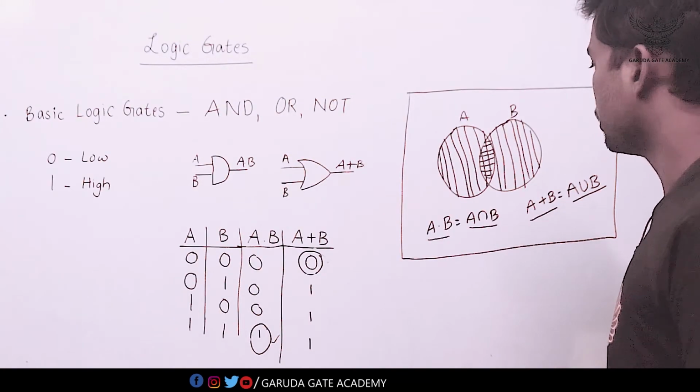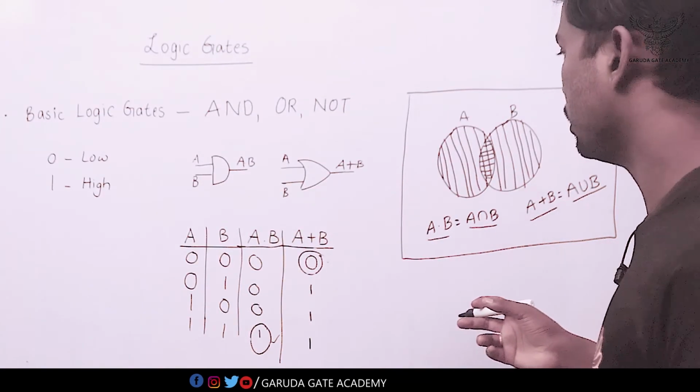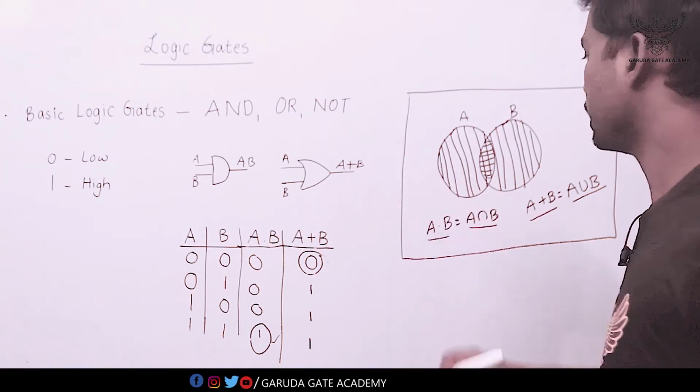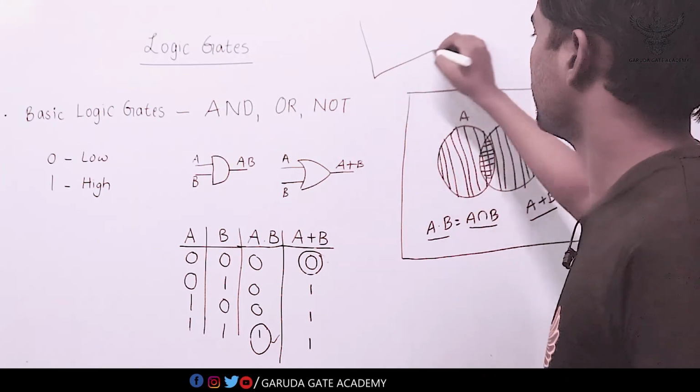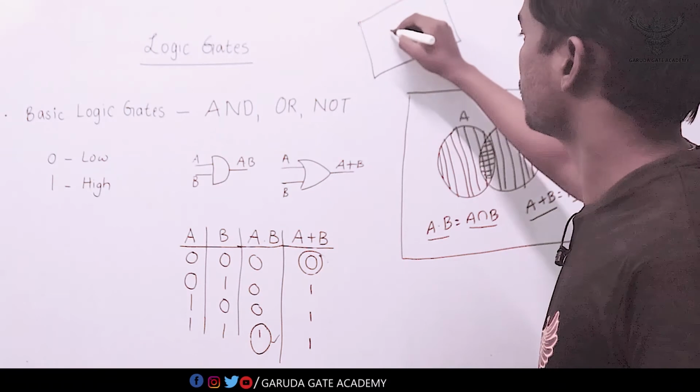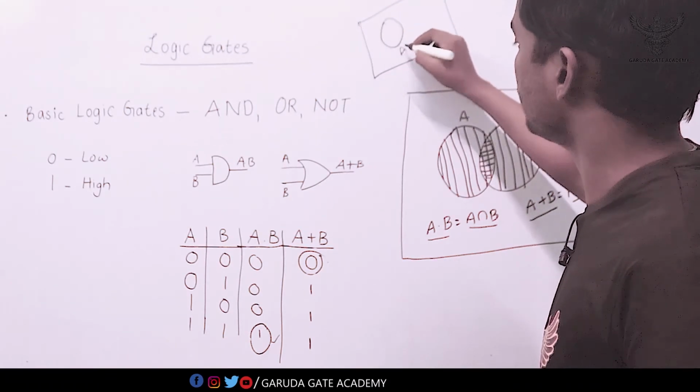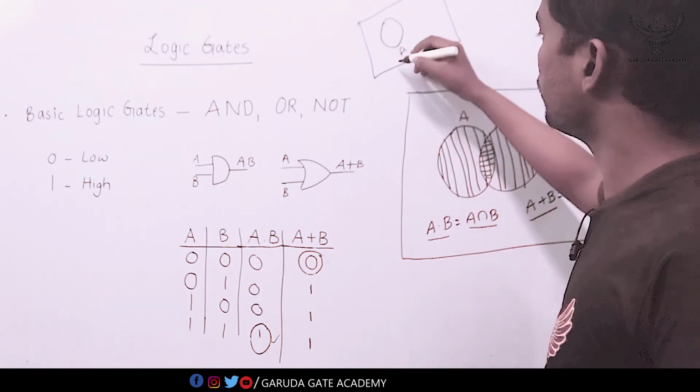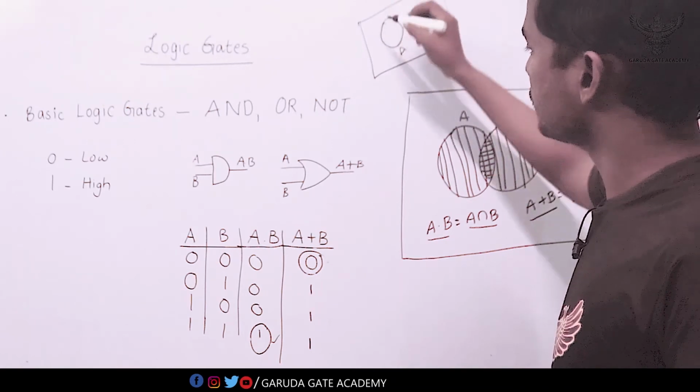Then how can we represent the NOT gate? Let us suppose this is the universal set, and this is set A. The NOT gate can be represented as this one.